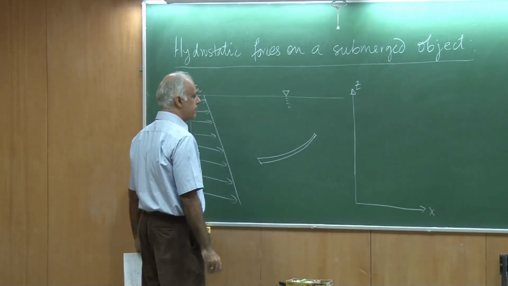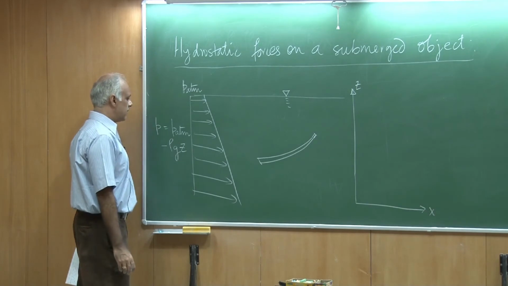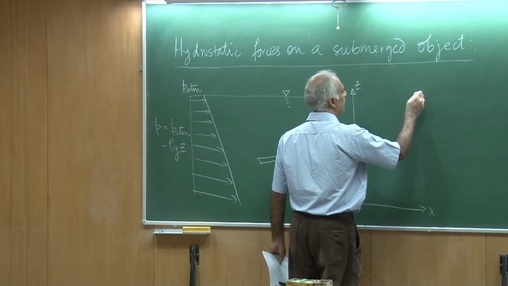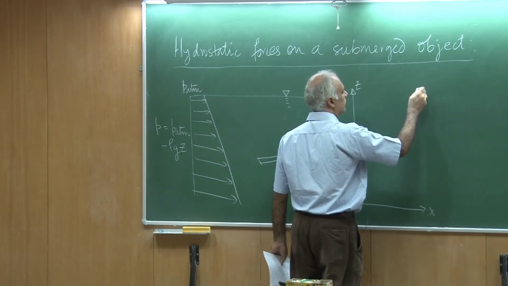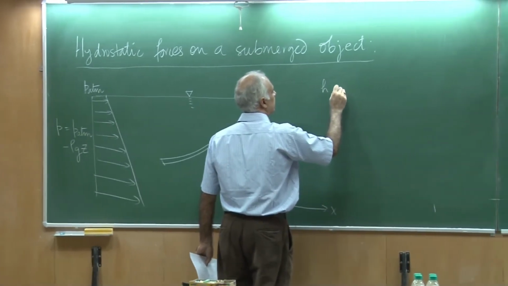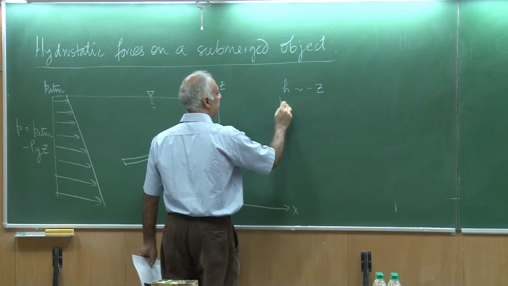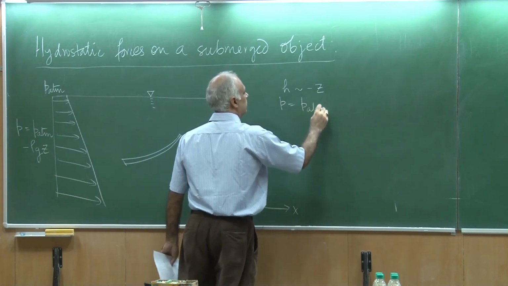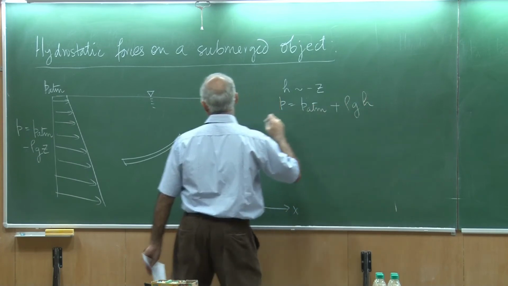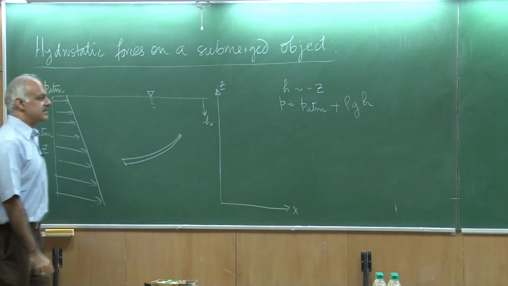All right. I could also come up with a quantity, if you are more comfortable with h. I could say h is simply minus z, and then I could write P as P atmosphere plus rho g h, where h could vary in this direction.